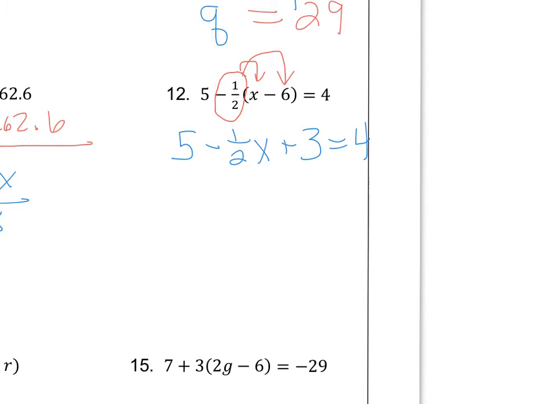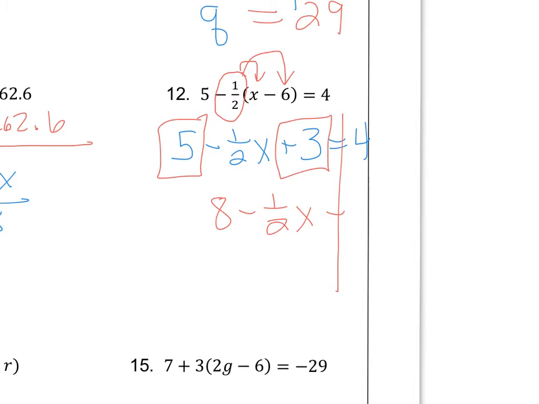equals 4. Now, if I look at what I've got, our second step says we need to simplify each side. So when I draw my line, I can look on my left side. I've got two terms that are alike that need combining. Combining means we're just adding a positive 5 and a positive 3 together. So positive 5 and positive 3 is 8 minus 1/2 x equals 4.